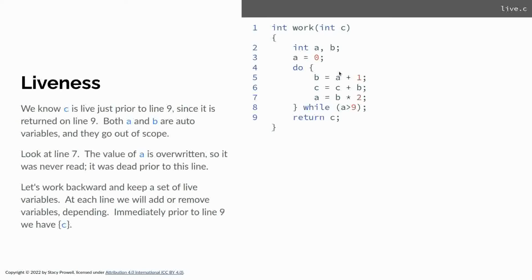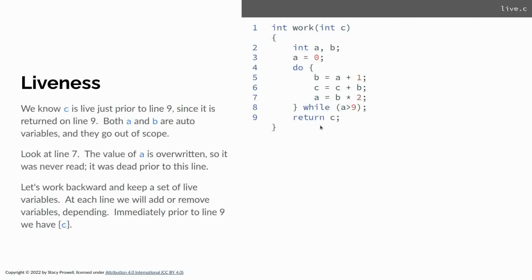Now, what if B were actually never used and we determined that B was dead here? Well, again, that's one of the cases where we have to decide what we're going to do. Is A dead because it's only used to contribute to a value that's going to be dead? Okay, we'll have to think about that. But that gets the basics for it. We're going to work backwards through the program.